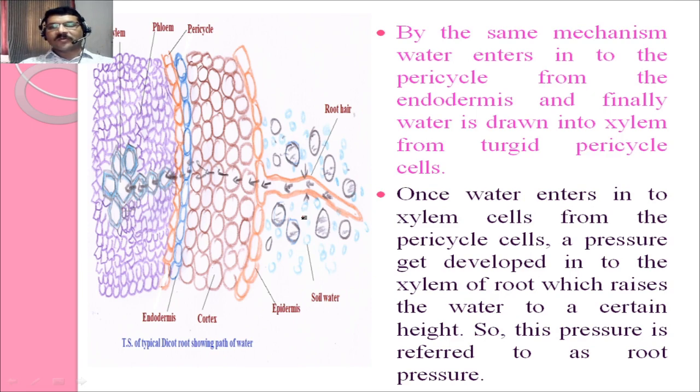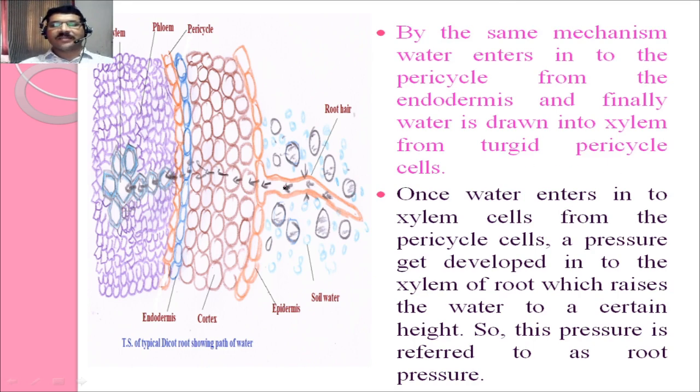So due to the process of osmosis, and due to the higher osmotic pressure of the root hair cells, water from the soil enters into the root hair cells, and now this water from the root hair cells enters into the cortical cells by the same phenomenon.